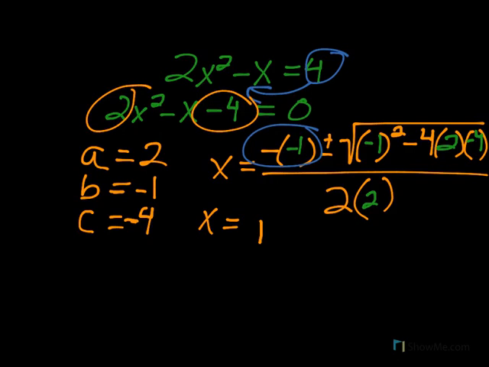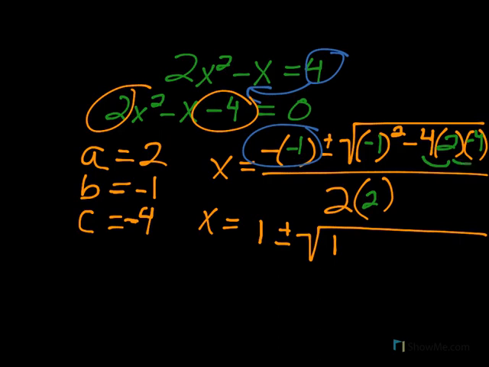Now I'm going to go inside the square root, so plus or minus the square root of negative 1 squared is just positive 1. Now I need to multiply all these three numbers. So negative 4 times 2 is negative 8.